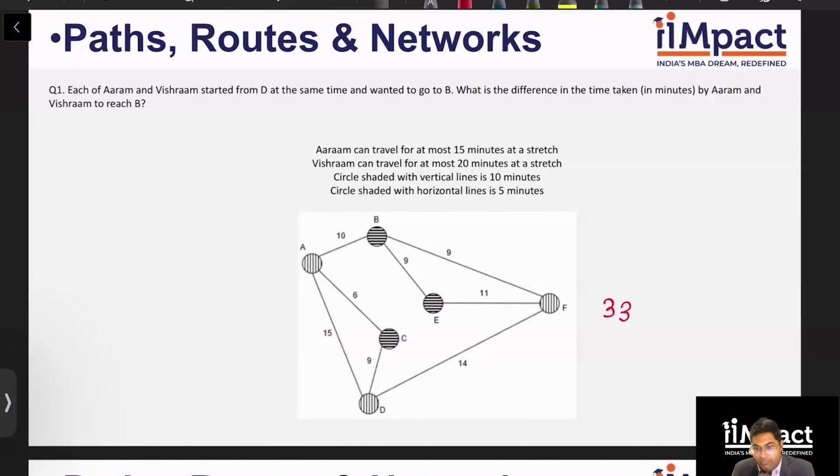Another way which I will think, so I'm just telling you how to think. This question is easy, it's not this lengthy. Another way that you should think is, if I have to minimize the time or if I have to take extremes, I will try to stop at a horizontal circle rather than a vertical circle. That will also be an element in this.